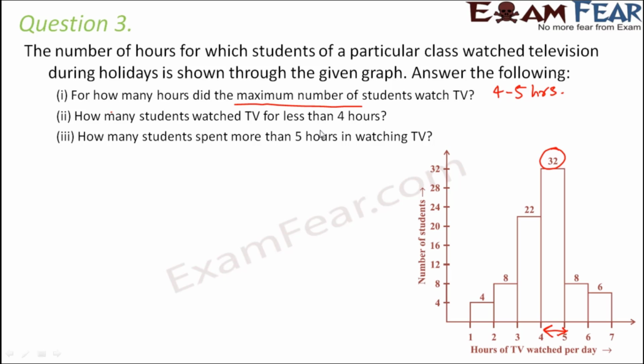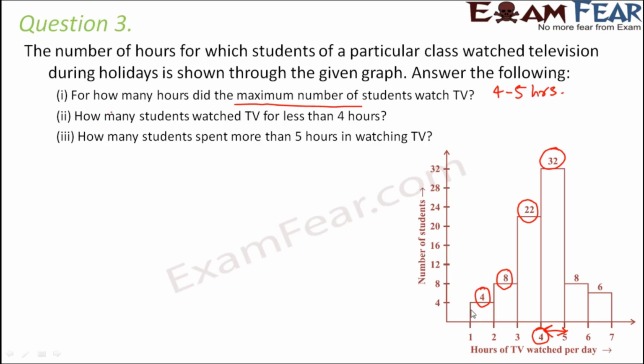How many students watched TV for less than 4 hours? Now you see here, where do you have 4 hours? This is 4 hours. So how many students watched less than 4 hours? All those students who lie below 4. Here you have 4 students. Here you have 8 students.